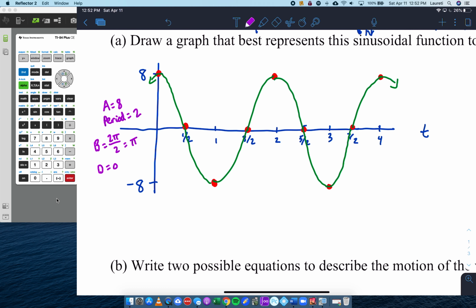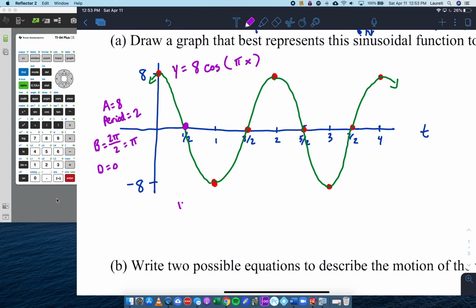So we're going to do one cosine and then one sine curve. If I start with this point up here at the top, this is going to be y equals 8 cosine of pi x. And then if I start with this point here at 1/2, that's the sine curve, because we're starting at the axis.